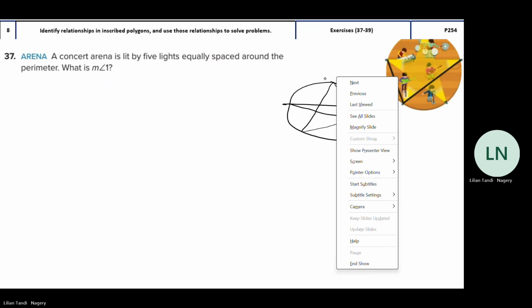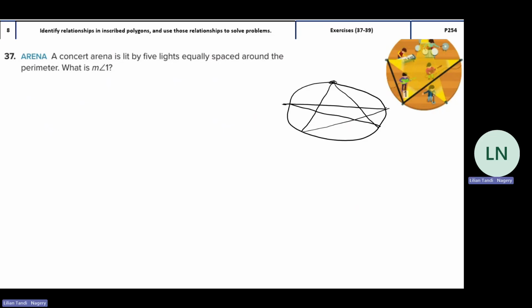It's touching here, here, here, here, and here. So 1, 2, 3, 4, 5. And because this is a circle, these arcs are going to be congruent. So I am saying this arc here is congruent to this arc here, here, here. Don't mind my picture, just understand what I'm trying to show you.